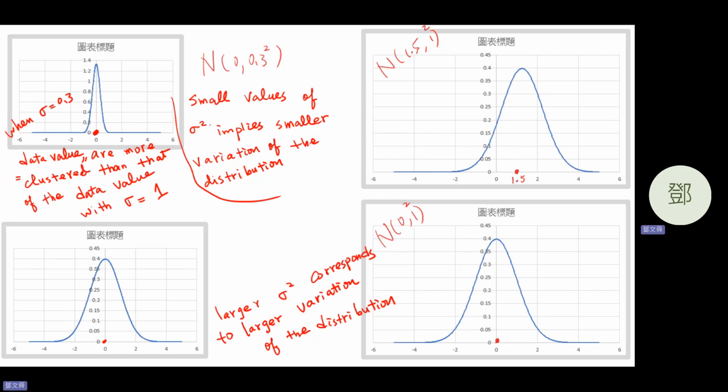The one with a sharper head has smaller sigma, and the one with bigger sigma has a flatter curve.